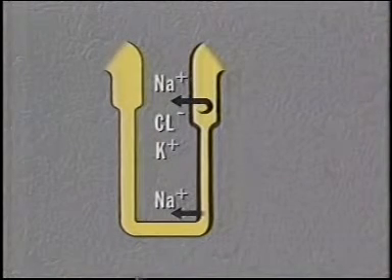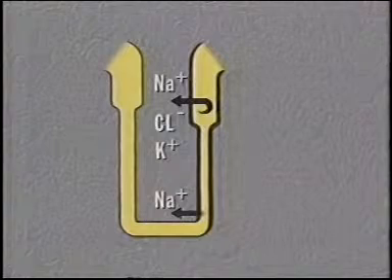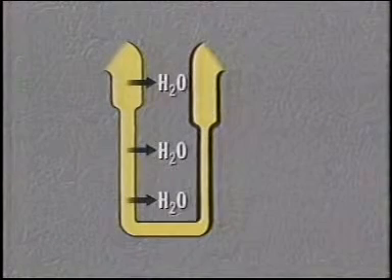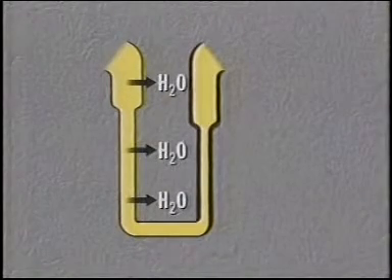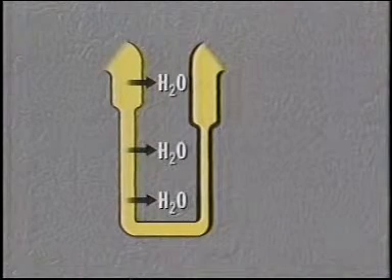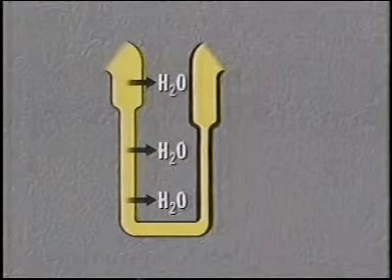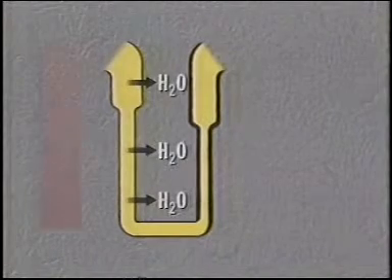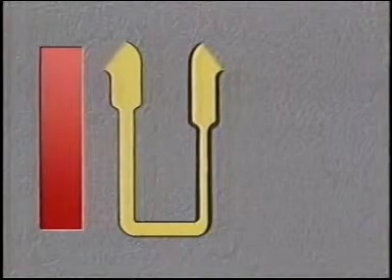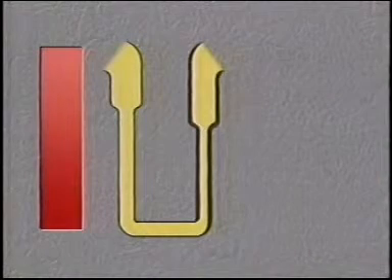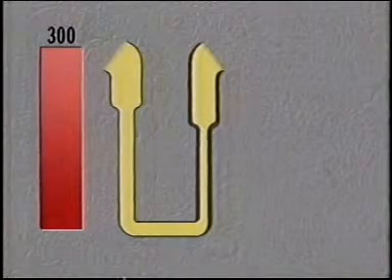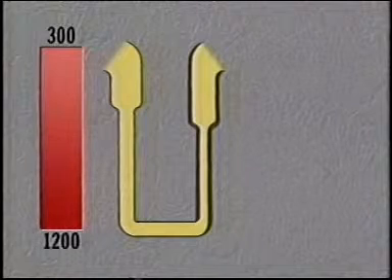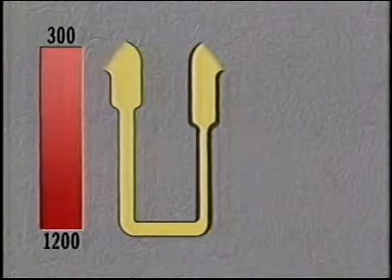This movement of ions raises the osmolarity of the medullary interstitium, and water moves out from the descending limb. As fluid moves around the ascending limb, the small osmolarity difference across the loop of Henle is magnified. A large osmolarity gradient from the cortex to the inner medulla is set up, going from 300 milliosmoles at the cortex to 1200 milliosmoles in the inner medulla.